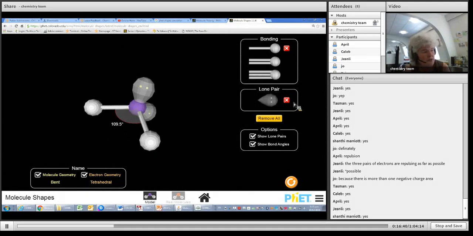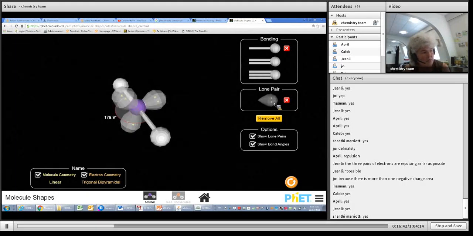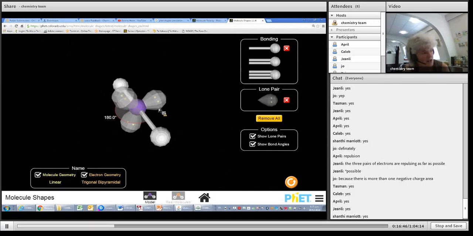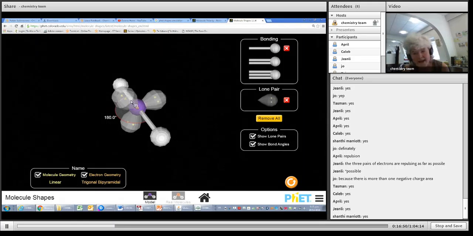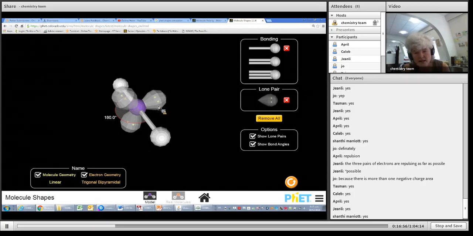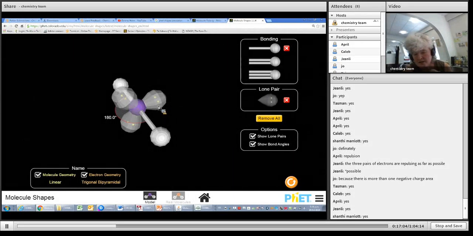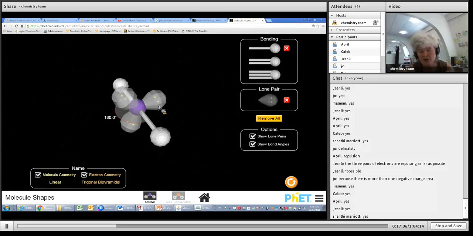And notice when I have 3 lone pairs of electrons, it goes back to a linear molecule again, because the lone pairs all add in that equatorial plane. And the reason they do this is a non-bonding pair of electrons, or lone pair, only attaches to one nucleus, if you like, not shared between 2.